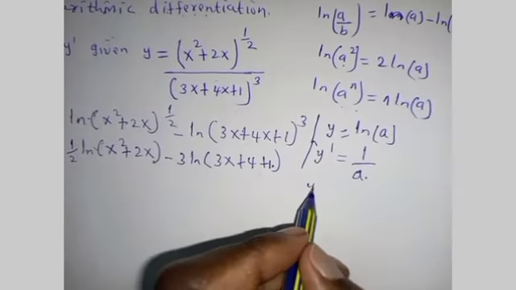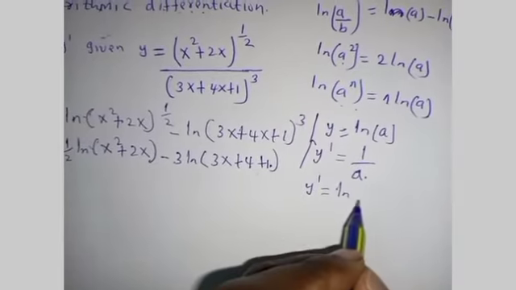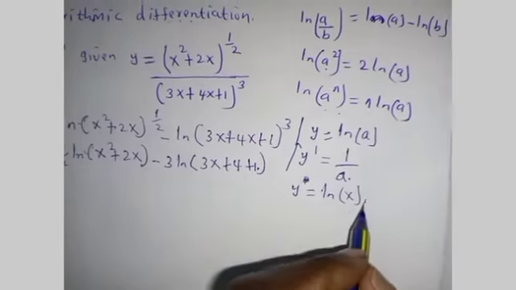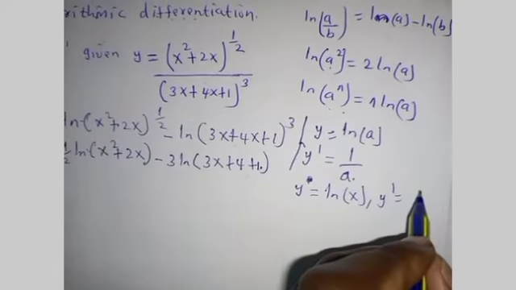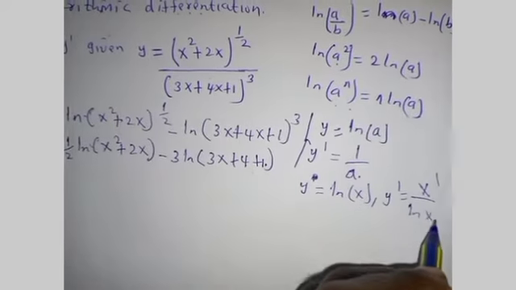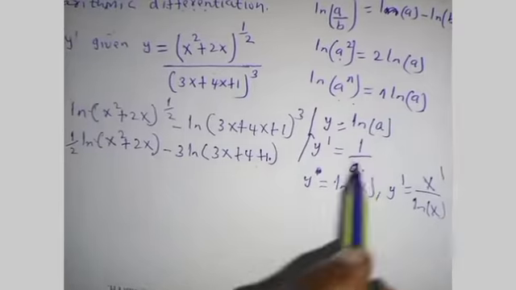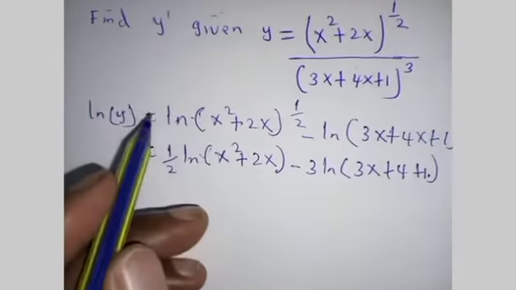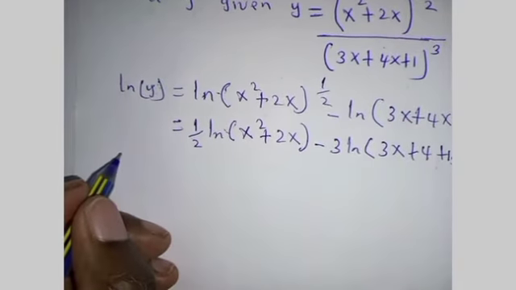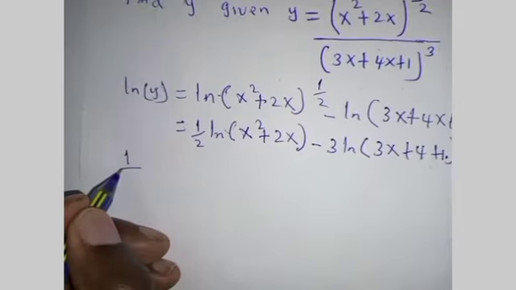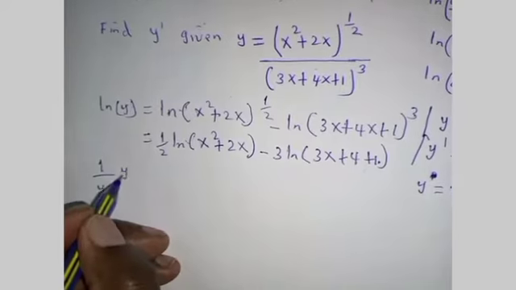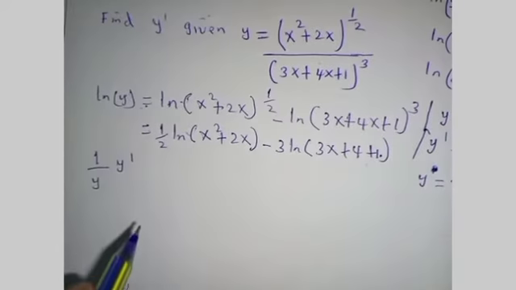And if you have y is equal to ln of x, then y prime is equal to x prime divided by x. So that is the rule we are going to apply here. In differentiating both the right hand side and the left hand side, here we are going to get 1 over y prime. This sign is implicit differentiation.